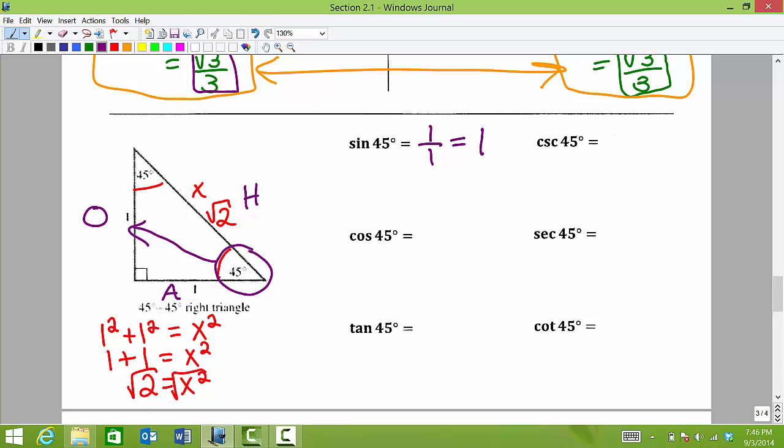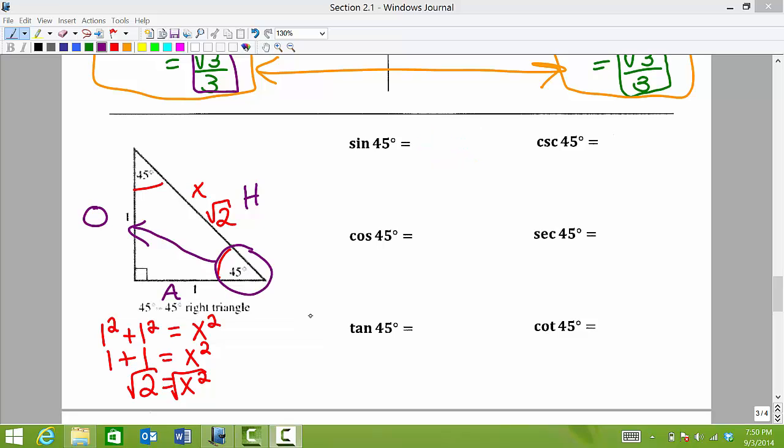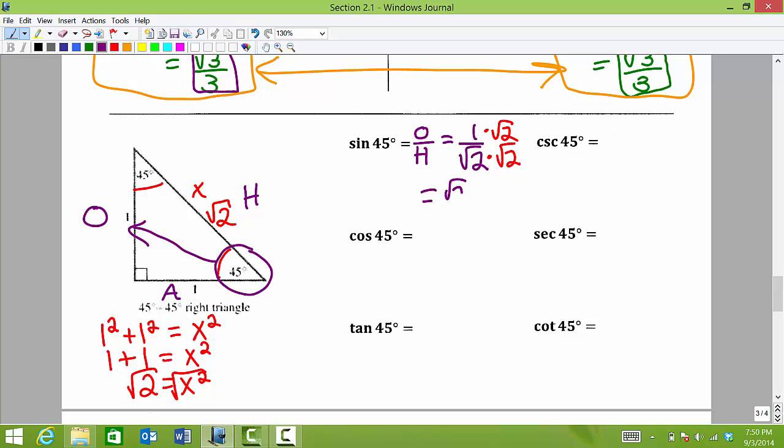Now to find the sine of 45 degrees, we need to find the opposite over the hypotenuse, and the opposite side would be 1. The hypotenuse would be the square root of 2, and we want to rationalize, and so our final answer here would be square root of 2 divided by 2.